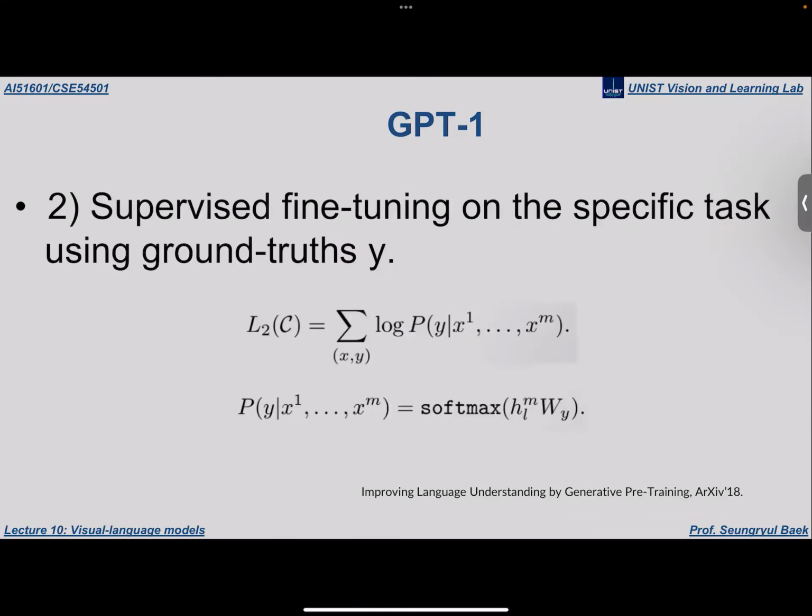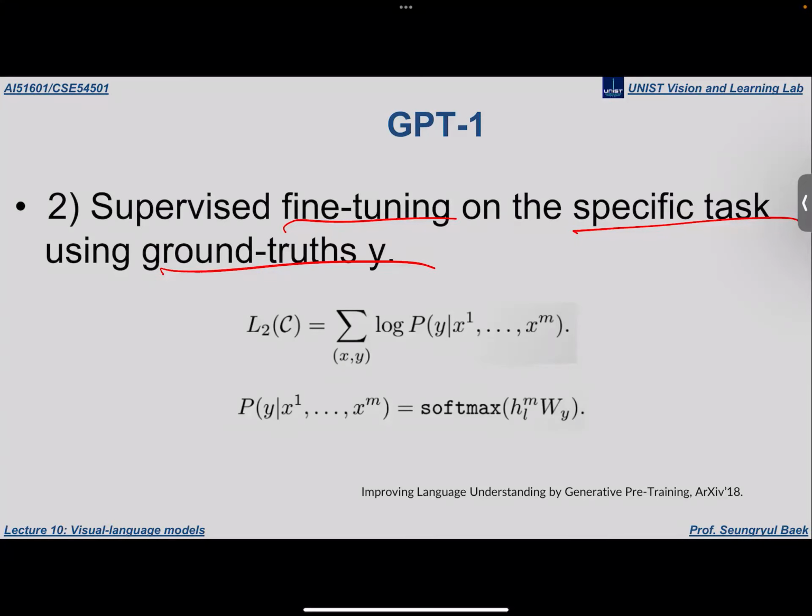And then they fine-tune their transformer trained on this large-scale unlabeled data to some specific task using the corresponding ground truths. They say this kind of approach makes the transformer-based language model record good accuracy on downstream tasks.